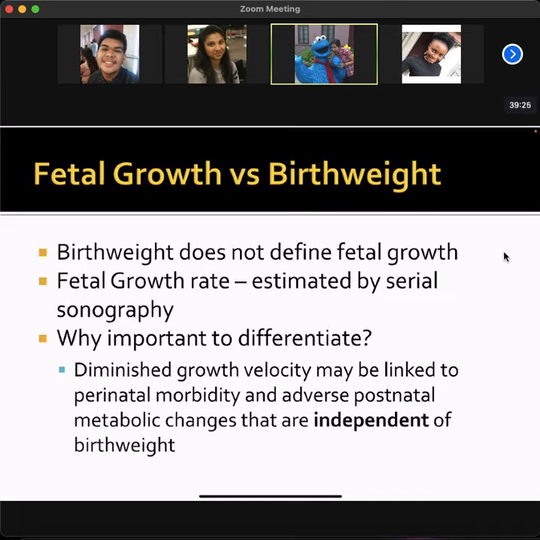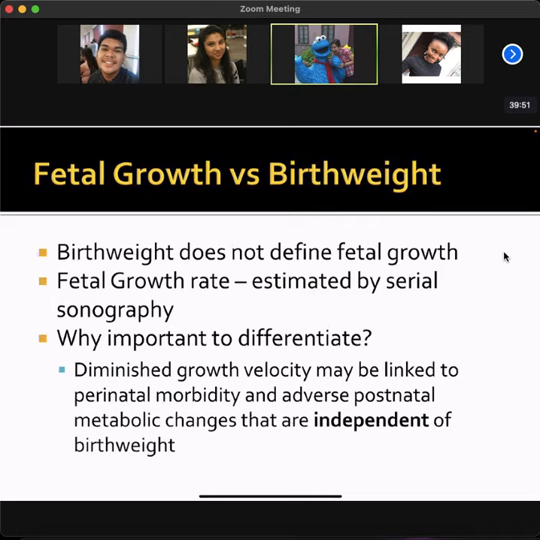This is estimated by serial sonography, whereas the birth weight is taken during the baby's birth. Okay. So is it important to differentiate? This is applicable for determining which babies are having intrauterine growth restriction for proper management.